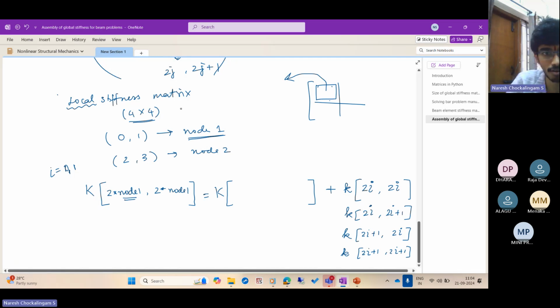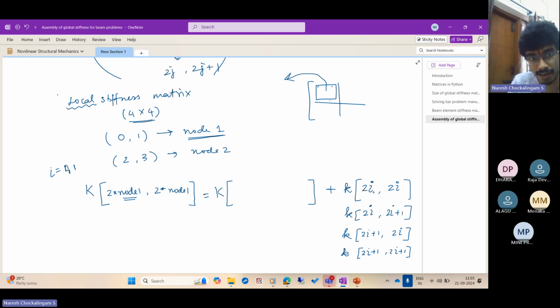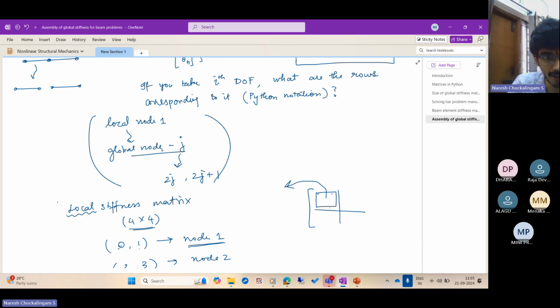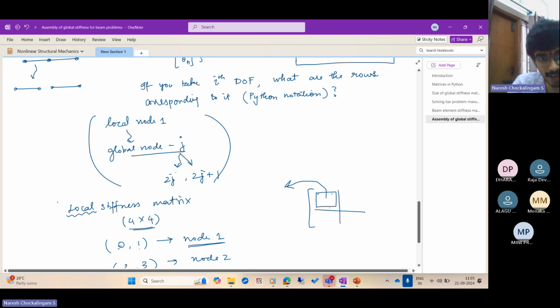Node 1 is the global node number corresponding to I. Locally you have just 2 nodes, which are 0 and 1. 0 corresponds to some global node, which is j, and 1 corresponds to some other global node. For every global node, there are 2 degrees of freedom, which are 2j and 2j plus 1. Now this is the logic.